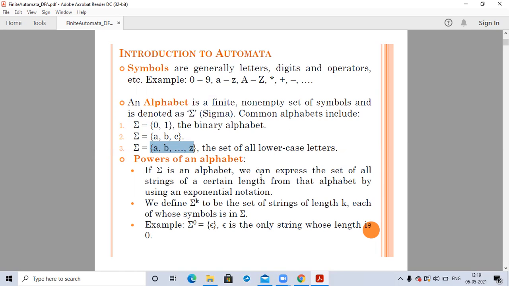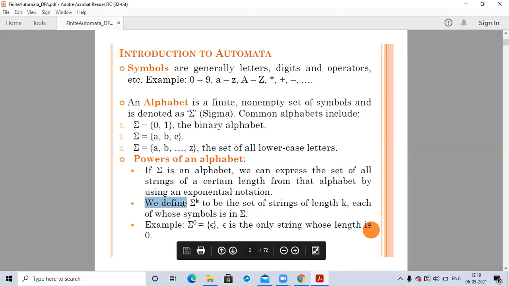Sigma power 0 is the set of strings which have length 0. Sigma power 1 is the set of strings which have length 1. Sigma power 2 is the set of strings defined over alphabet sigma which have length 2, and like that.